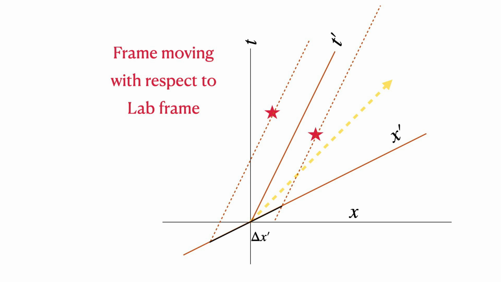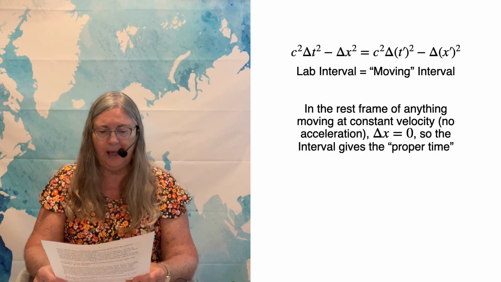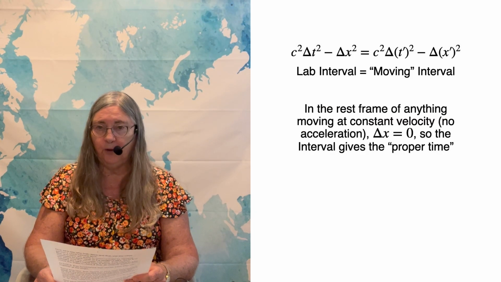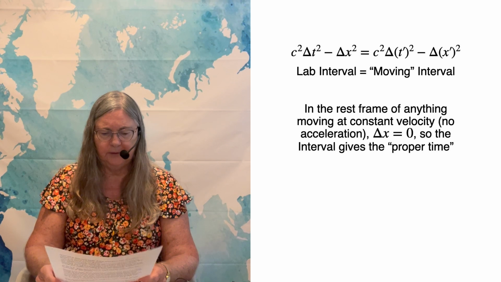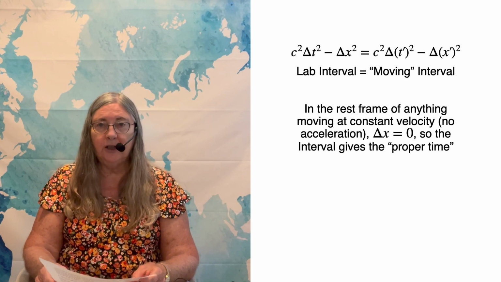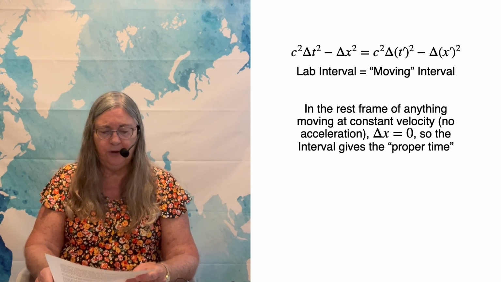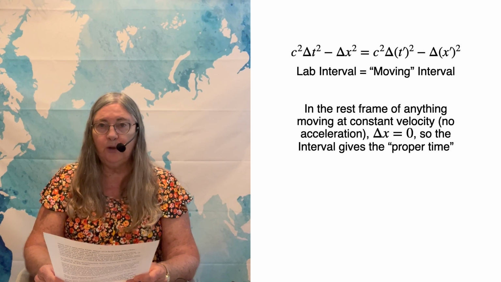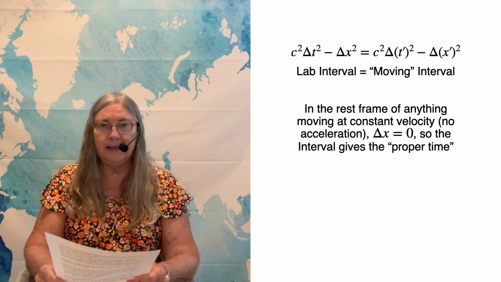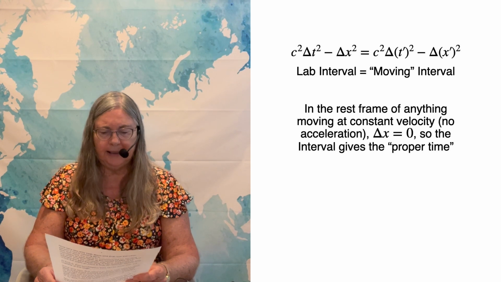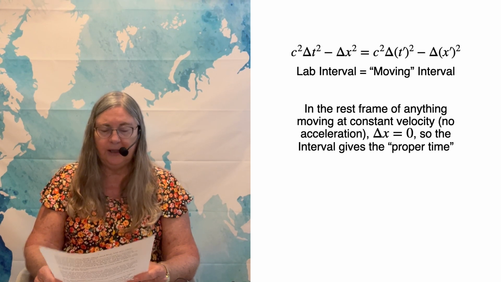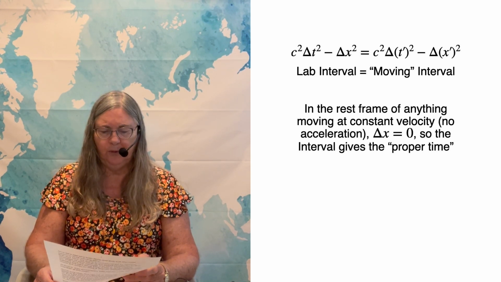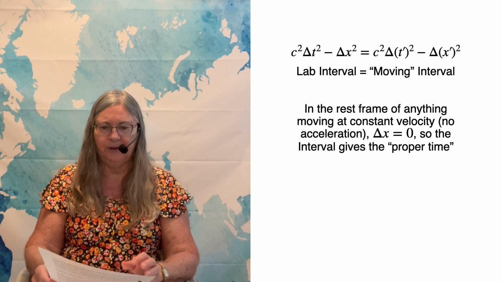And then here's delta x prime, that's the black segment on the x prime axis. Now the interval in the lab frame equals the interval in the moving frame. For motion at a constant velocity with no acceleration, there is always a rest frame where the velocity is 0, so delta x equals 0. And the time there is the proper time, which is the time that your watch measures.